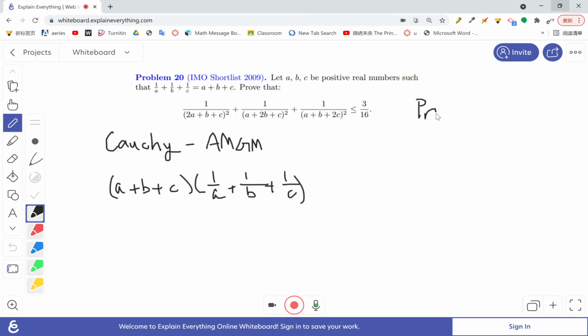Statement number one is that I want to prove that 1 over a plus 1 over b plus 1 over c is equal to a plus b plus c, and they're both larger than or equal to 3.